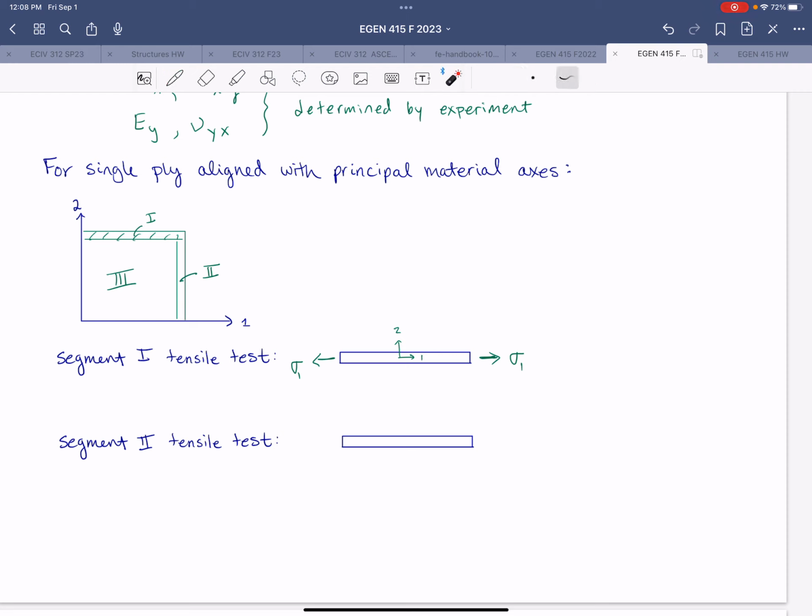So as it stretches along the 1 axis, it would shrink in the 2 axis. So we would have normal strain in the first direction equal to sigma 1 over Young's modulus associated with that direction. And the normal strain in the 2 direction would be equal to negative Poisson ratio subscript 1-2 times sigma 1 over Young's modulus for direction 1.